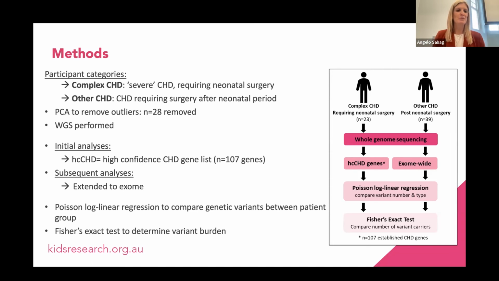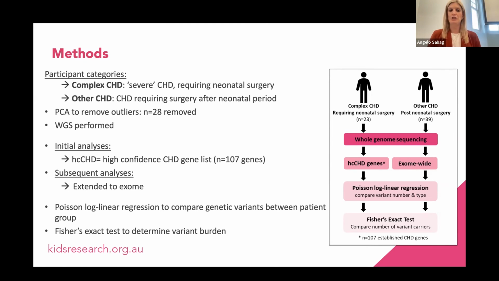We conducted a principal component analysis to remove outliers, just to make sure there was some validity in our comparisons, and we had to remove 28 of our participants to ensure we could adequately compare those two groups.